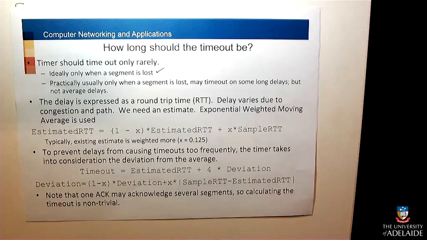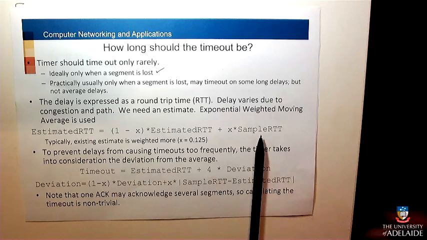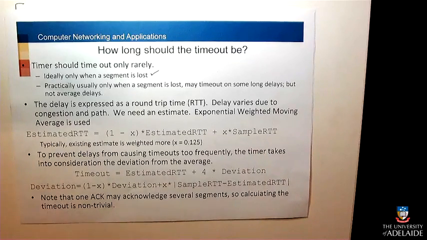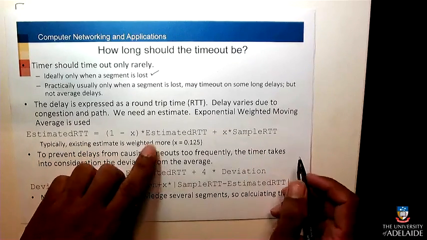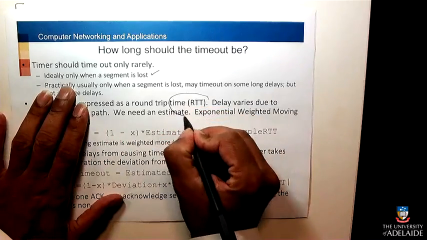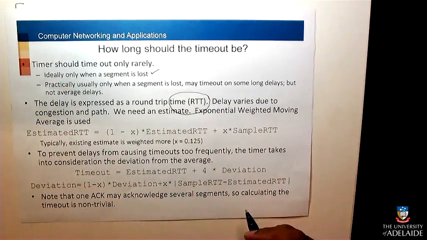The reason this is difficult is because TCP runs on end systems and has no idea about what's going on in the middle, and it has to somehow sense what might be an appropriate value to use for the timeout, which is the sender and the receiver. So the way it does that is by estimating the round trip time, which is something that the end systems can do. It can measure and time how long it takes to get an ACK.